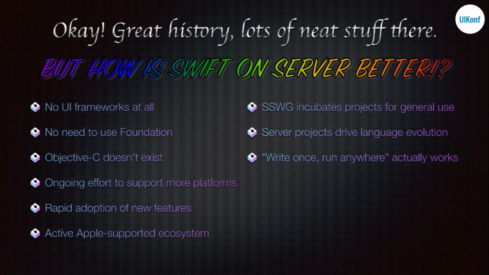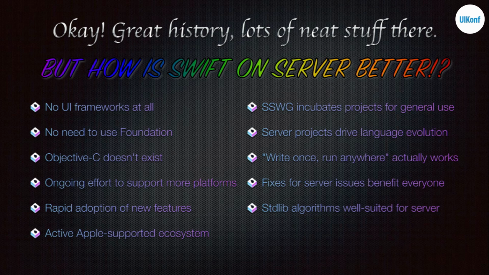You can run a Swift-based server app just about anywhere, at least in theory. And when problems come up, fixes get made, and it helps everybody. We've had a lot of bugs get fixed that turned out to be problems on macOS too, even in old apps like AppKit and UIKit-based apps.